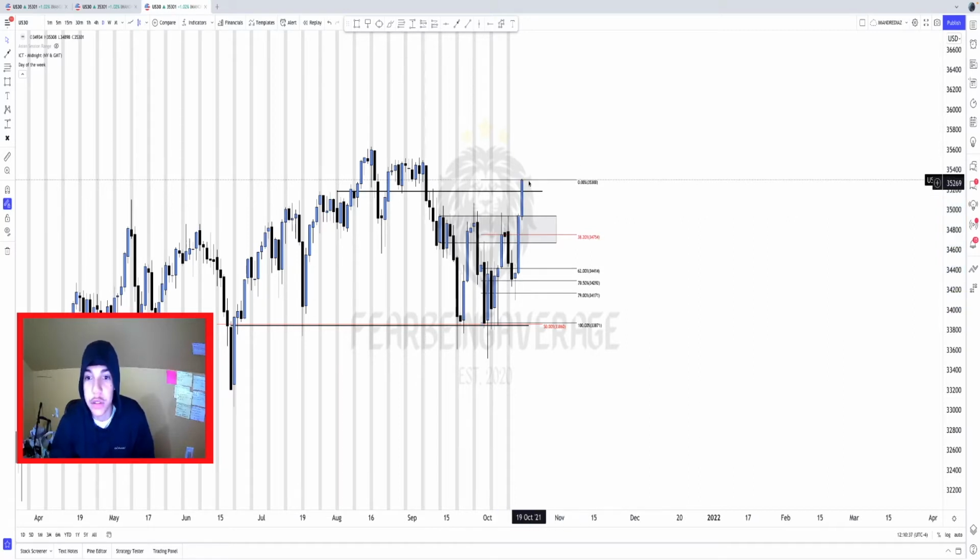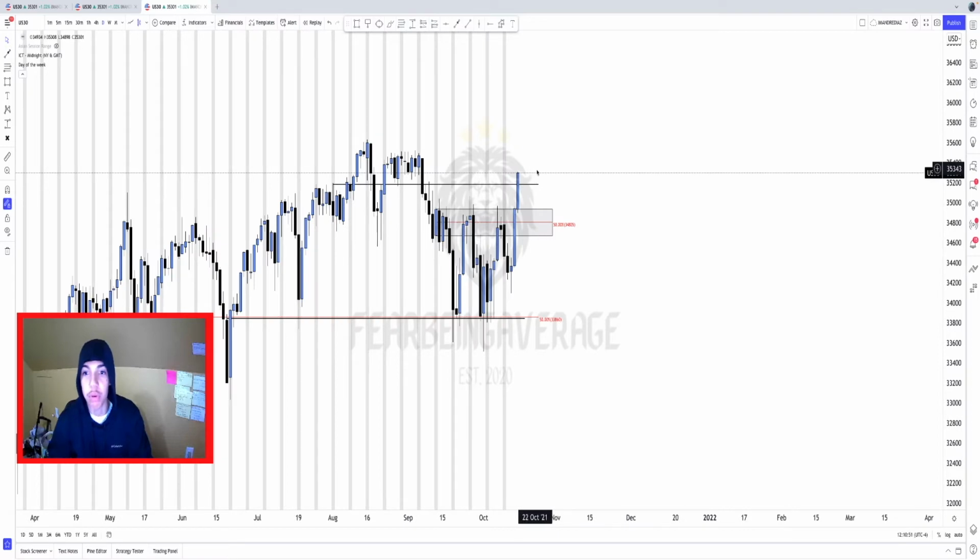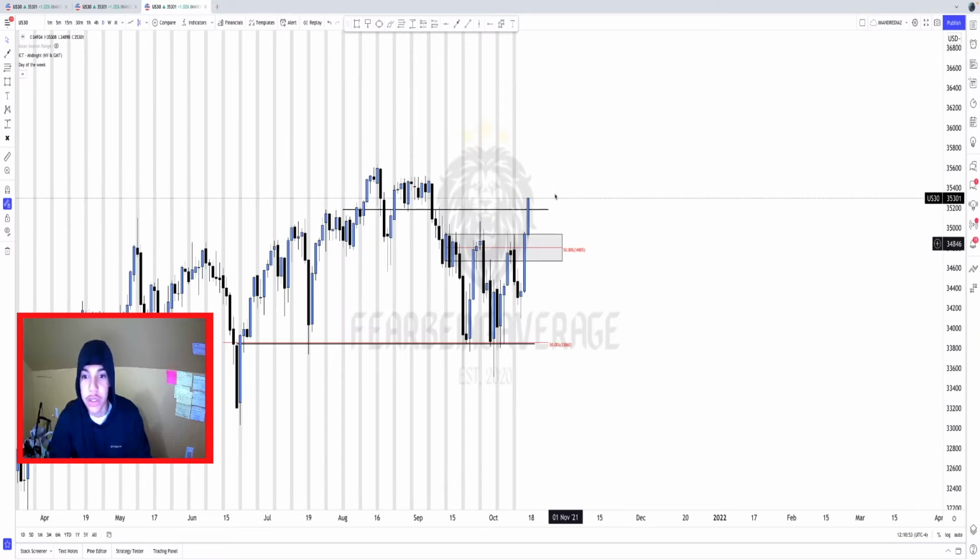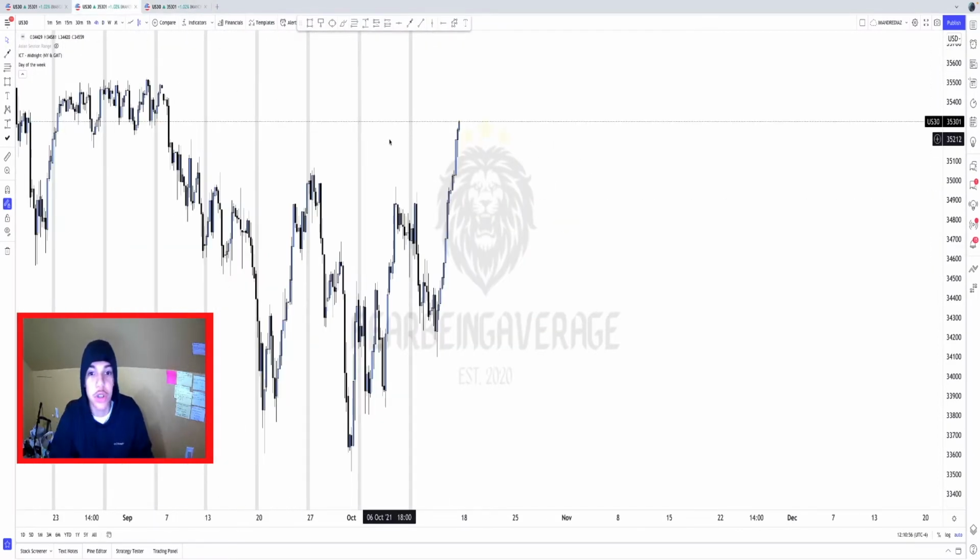But if price starts to retrace from here, we know that this 38.20% is right in this breaker block, and we're going to refine this breaker block like we do our order blocks. We just wait for price to create a form of support or resistance up here, so we can pull our fib, or we can map out possible trades to the top side. So let's move on to the 4-hour time frame now.